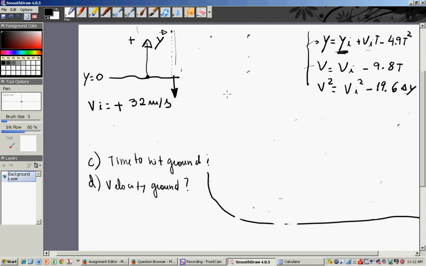Now, as I mentioned to you, you could decide to do it in a different way. Let me show you how. We want to find the time it took the rock to go from the top part down here, right? But look at this. We already calculated the time in part B, the time it took the rock from here to the maximum height.